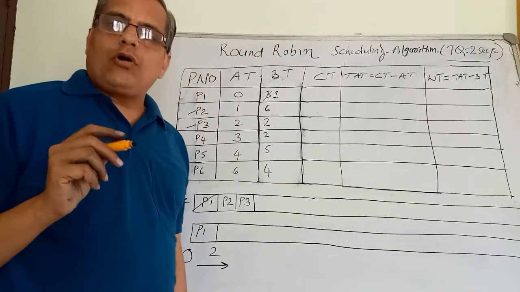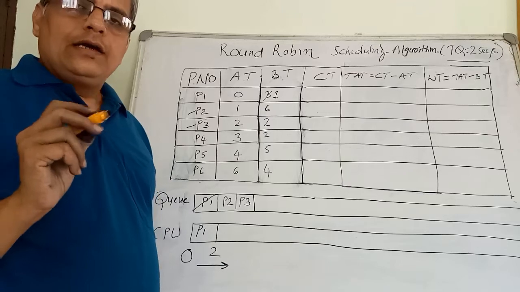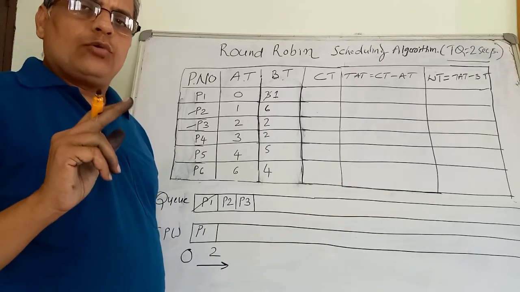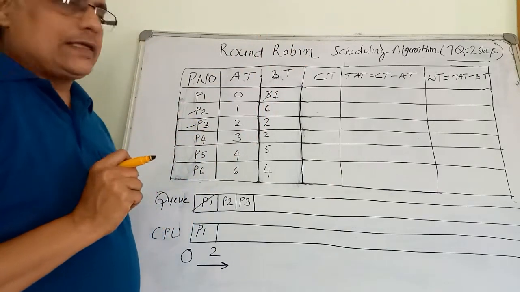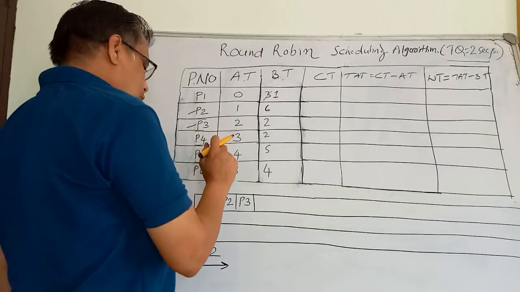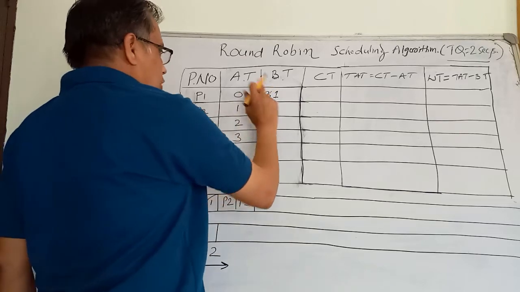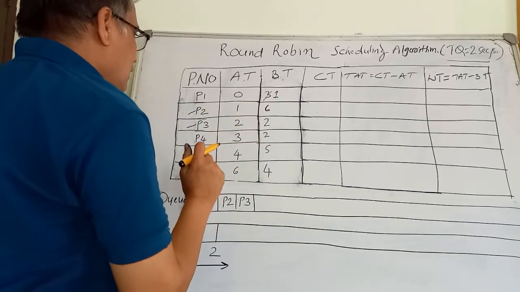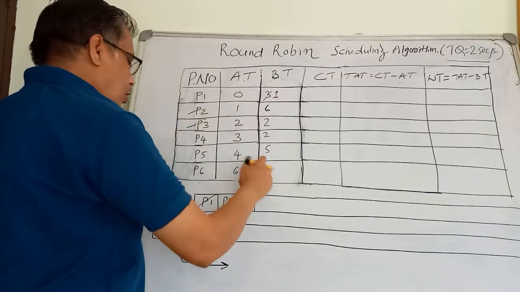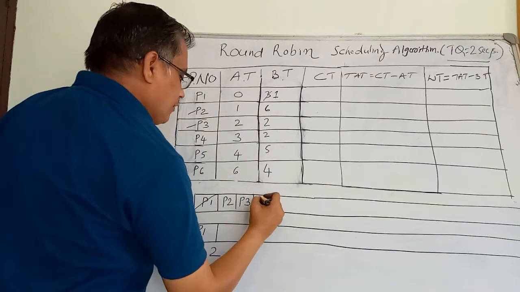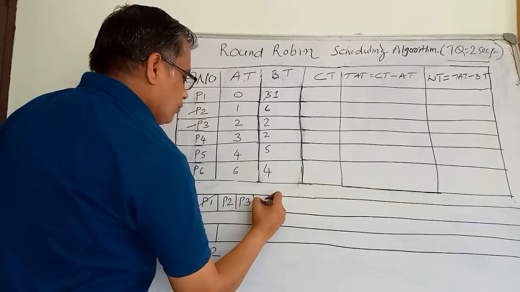As far as the water park rule is concerned, you can take only 2 seconds. In our scenario, the time quantum is 2 seconds. That means it is allowed to execute for only 2 seconds. Still 1 second is remaining, that should be brought into the queue. That is, P1 is again loaded into the queue.